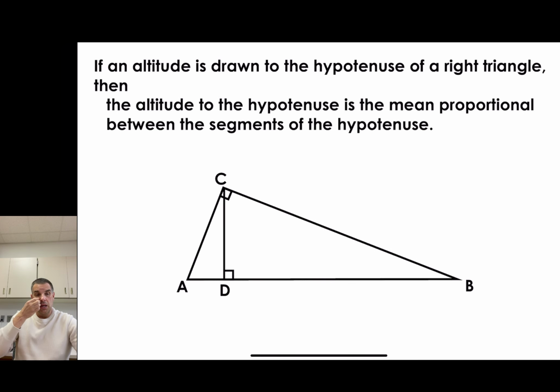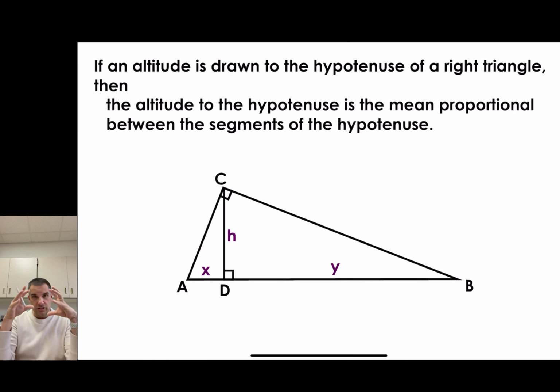Okay, so if an altitude is drawn to the hypotenuse of a right triangle, the altitude to the hypotenuse is the mean proportional between the segments of the hypotenuse. So for example, let's say that we're given the altitude, segment 1 and segment 2 from your last drawing, and we want to find these different things.